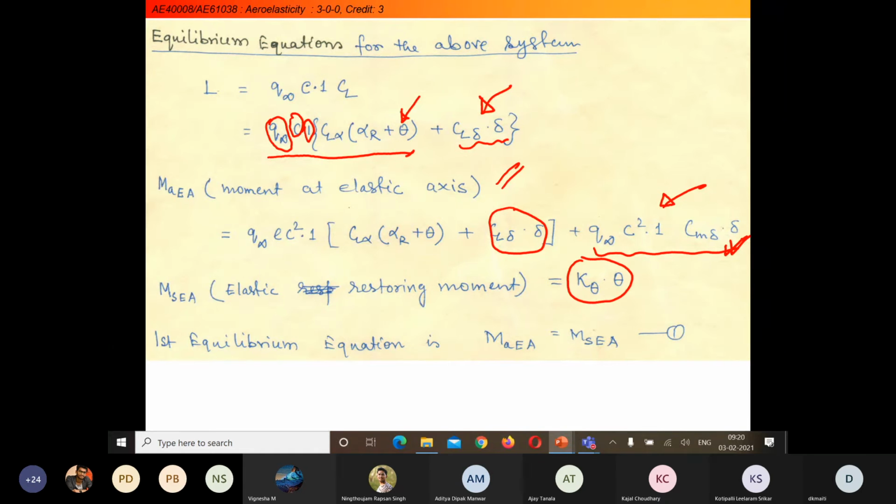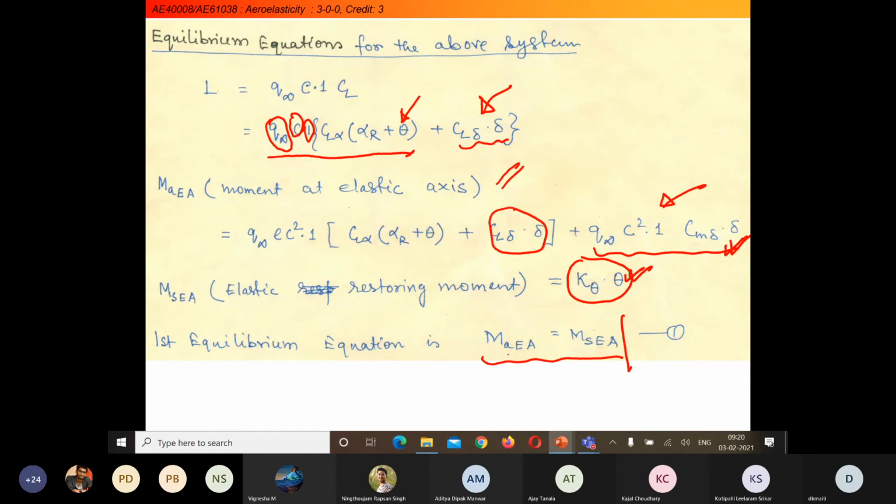To counter this aerodynamic moment, there will be a restoring force developed in the system, K theta into theta. At equilibrium, the elastic restoring force and the aerodynamic moment should be equal.